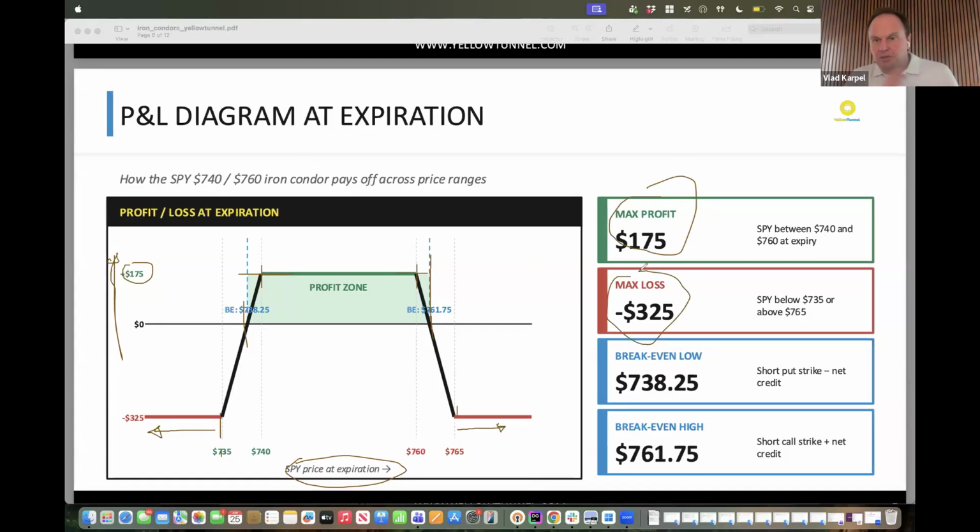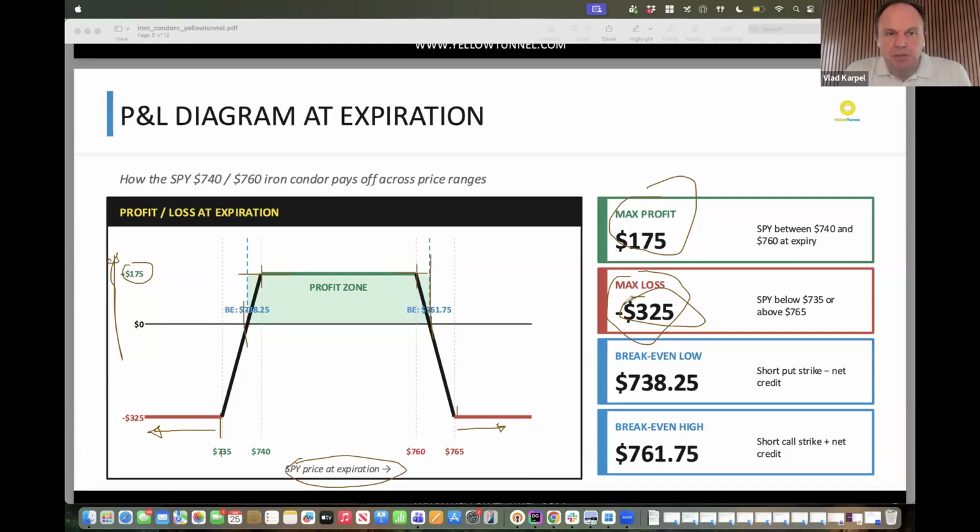Keith usually likes to say that your maximum profit should be 30% of the width of the strike. So if it's a $5 spread, then $1.75 is a reasonable credit, right? And then this is your loss. So 30% you're making money, 70% of the width potentially losing money.